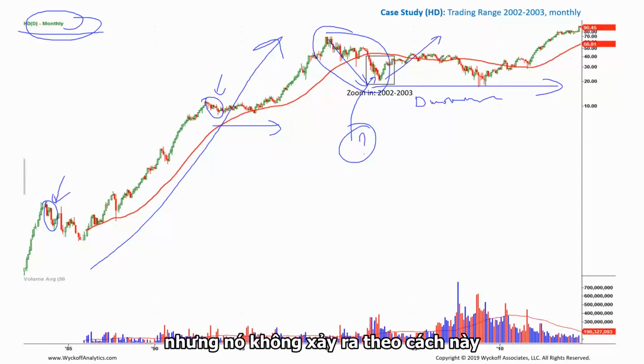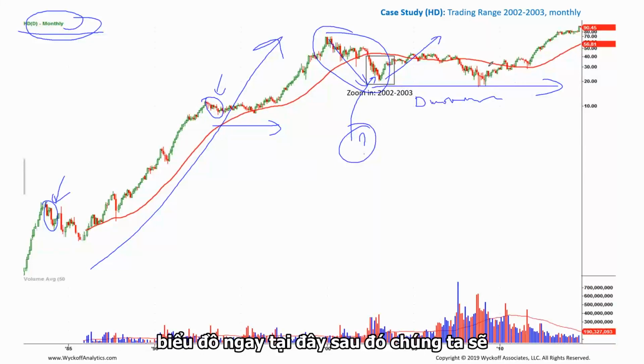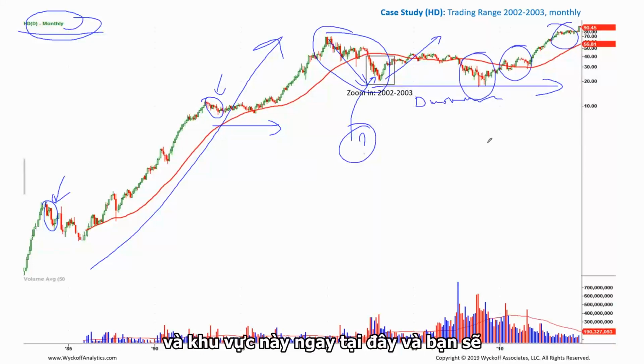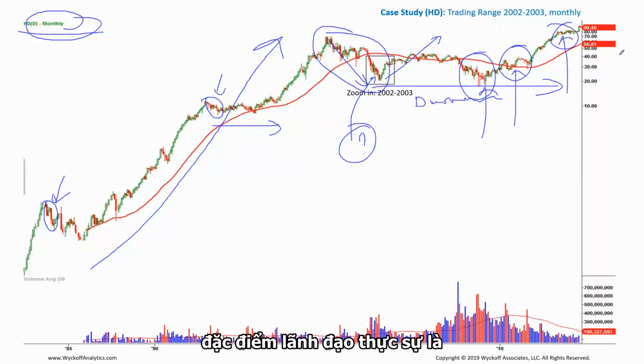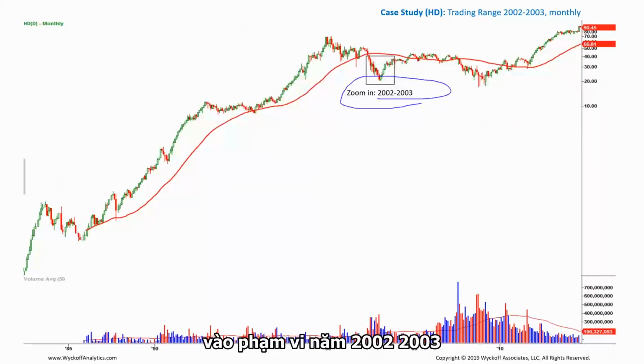Yet it doesn't happen this way. And we're going to look into the daily chart right here. Then we're going to look into this area, and then this area, and this area right here. And you will see how the leadership characteristics are actually starting to change. So let's look first into the range of 2002, 2003.